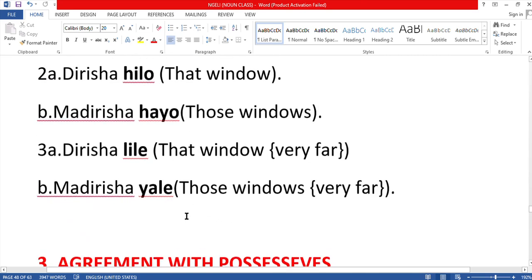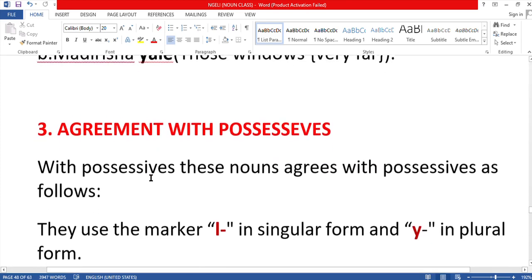So you can say dirisha lile limevunjika. That window is broken. So, okay. We're going to the next agreement.